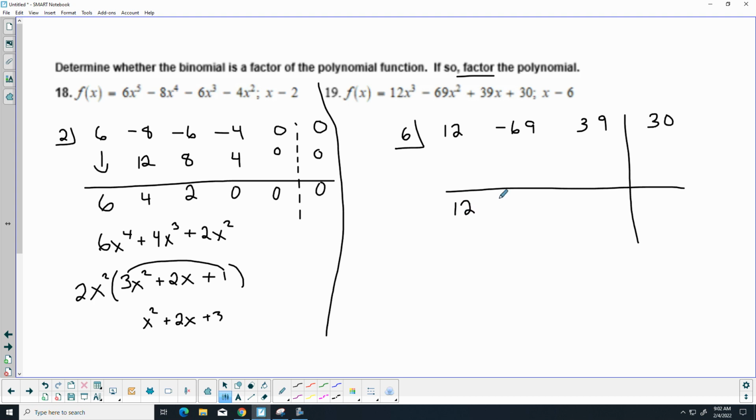Bring that down. Multiply. Add. Multiply. Add. It's not going to work. Because I can tell 57 times that is going to give me a big number. So I'm just going to say not a factor.